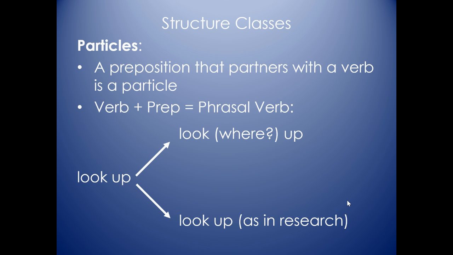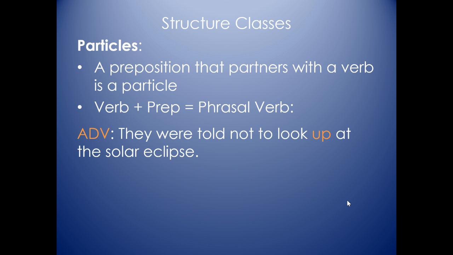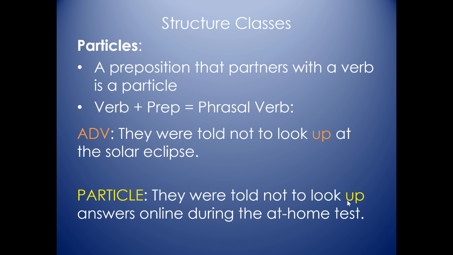So it's interesting that our list of prepositions can be prepositions when they're with nouns. They can be adverbs when they're by themselves, and they can also turn into particles if they're with the right verb. So if I said we were told not to look up at the solar eclipse, that is an adverb. To look where? Up. If I said they were told not to look up answers online during the at home test, that's a particle because look up is one big verb.